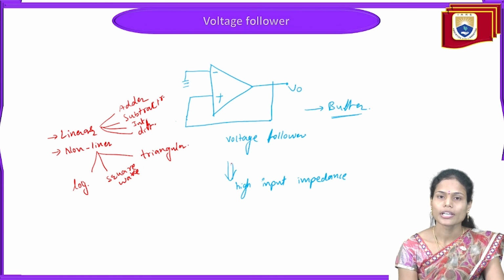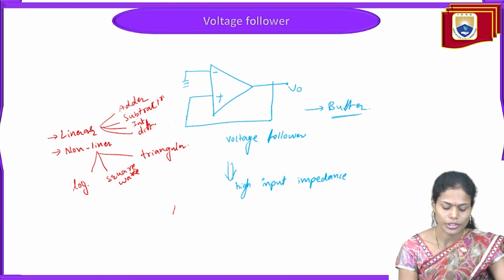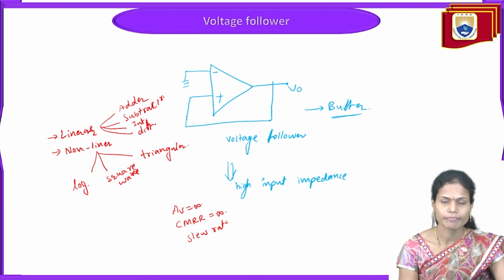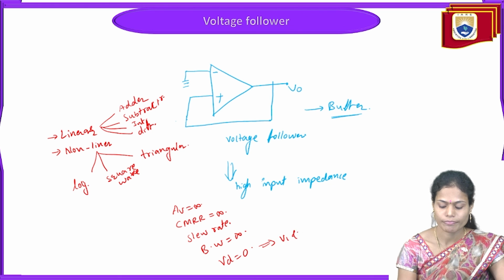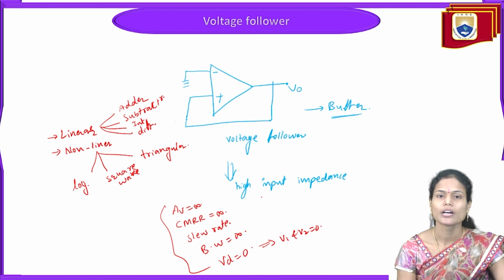It provides very high gain compared to all the remaining amplifiers, a voltage gain in the infinity range, a very high CMRR also in the infinity range, a very high slew rate, and very high bandwidth. It also gives zero differential output voltage whenever both the inputs are zero. These are all the special ideal features of the operational amplifier.